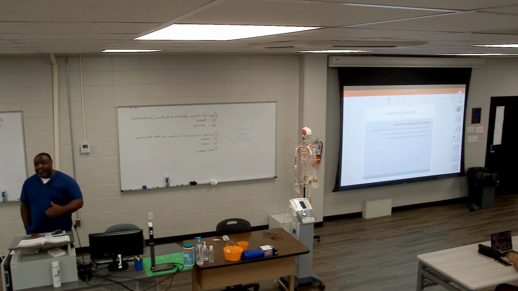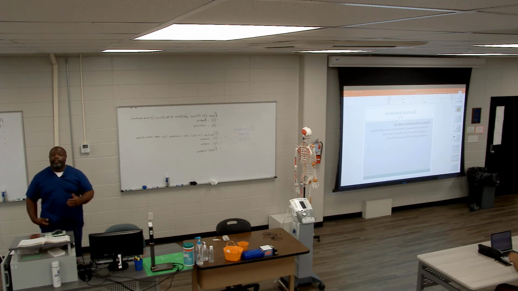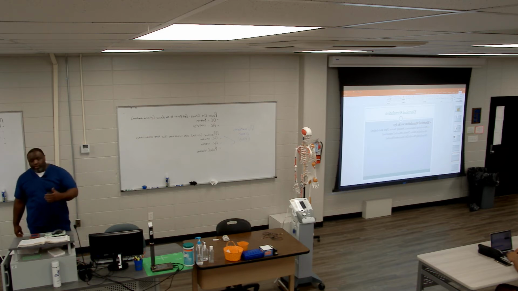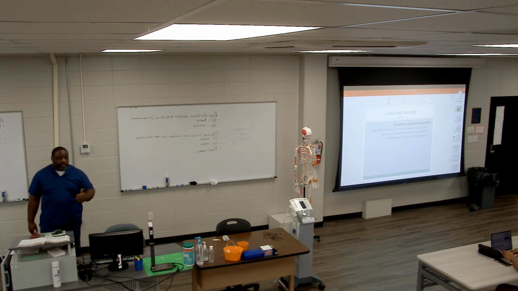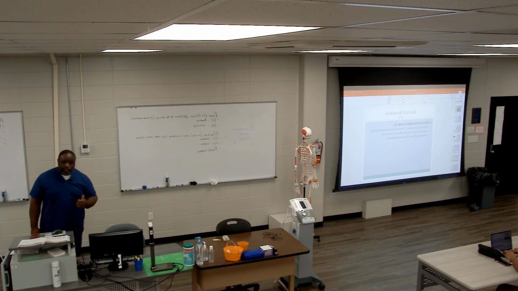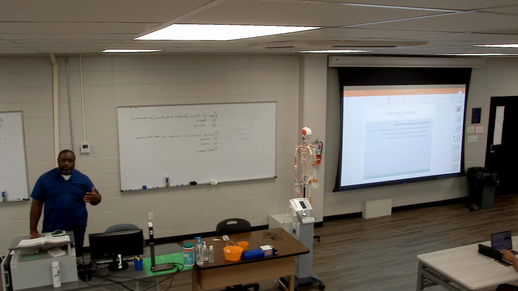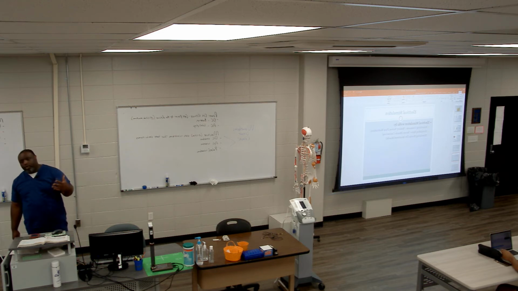But as it relates to E-Stim, the three things that E-Stim is normally used for: one, stimulating cutaneous or sensory nerves. That's usually pain modulation. Two, stimulating a motor nerve, the named nerves that we've talked about, the motor nerves.